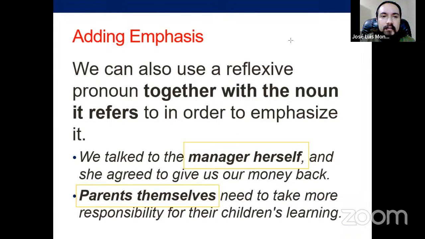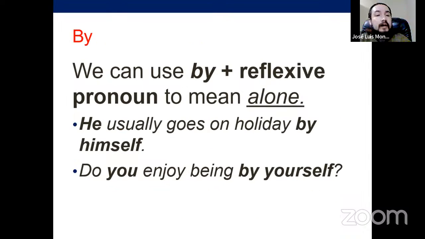And again, finally, we got by, reflexive, which only means alone. It means, again, if in these sentences you say alone, that's it, right? If you say, I always go to the supermarket alone, you can also say, I always go to the supermarket by myself. And it's the same.